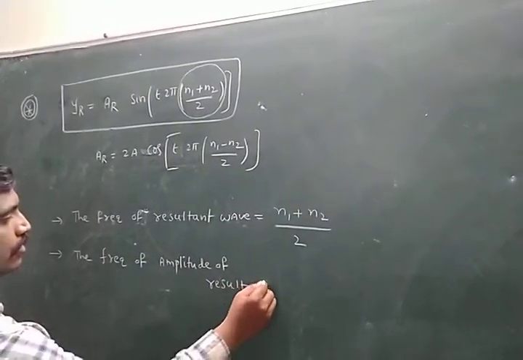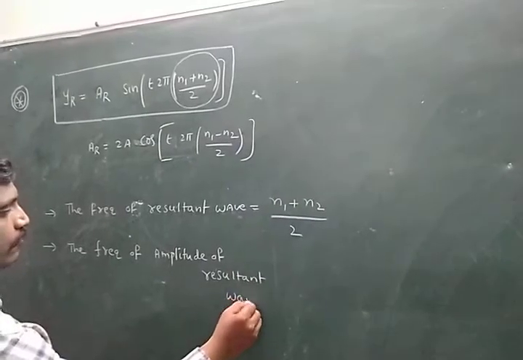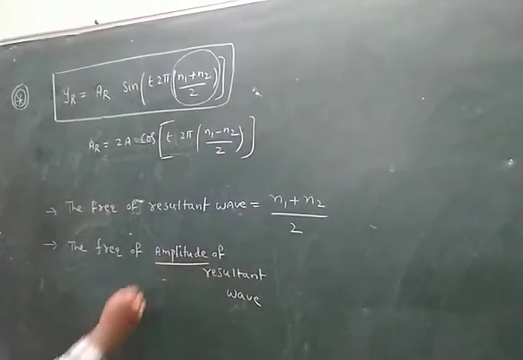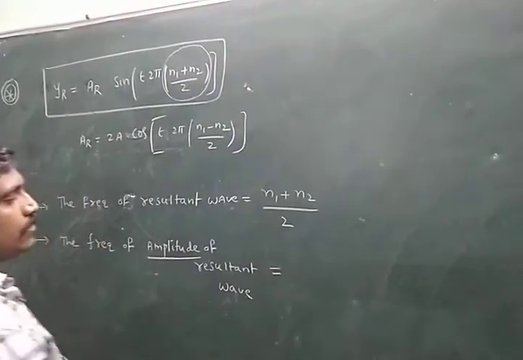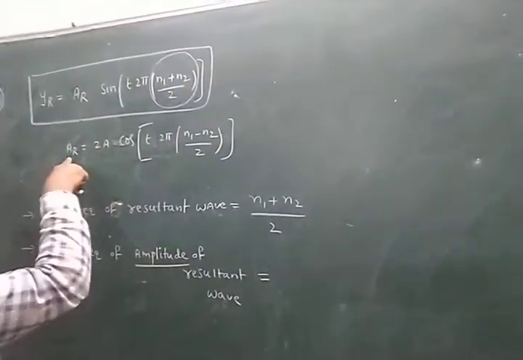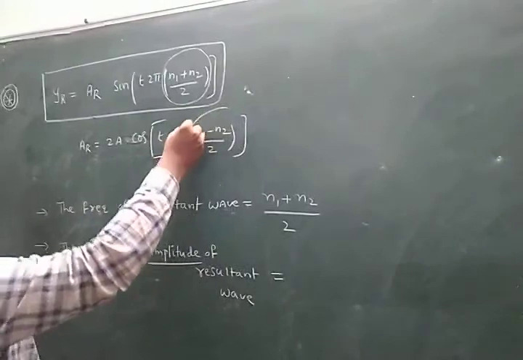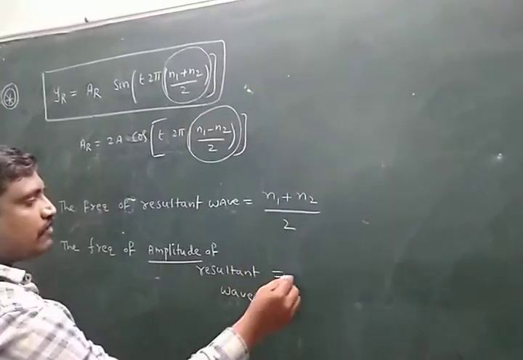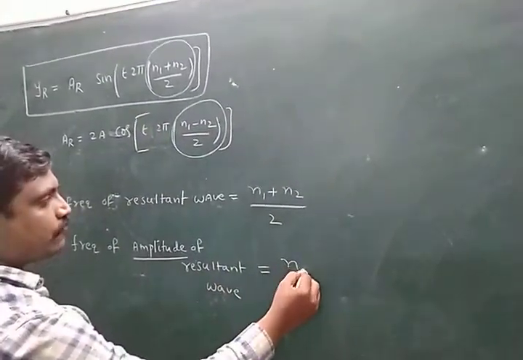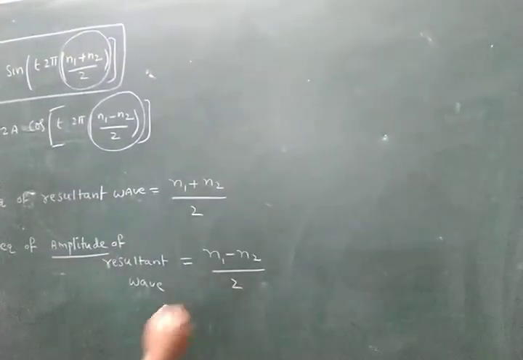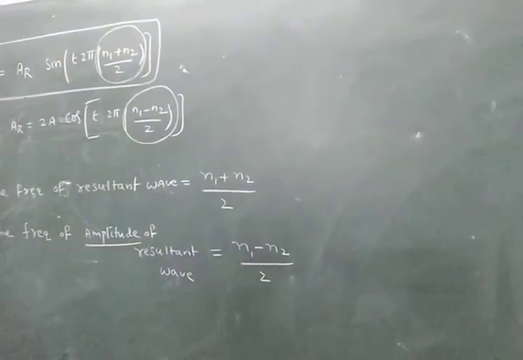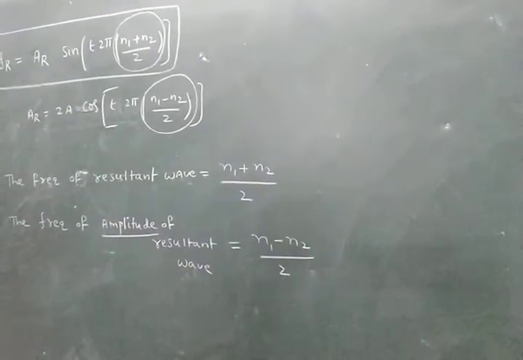Look here nana, according to this concept, in the amplitude, this is the frequency. What is the frequency of the amplitude of the resultant wave? n1 minus n2 by 2. This is given in JEE Main 2016.